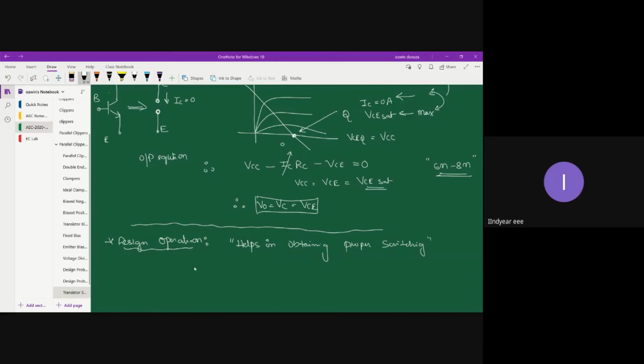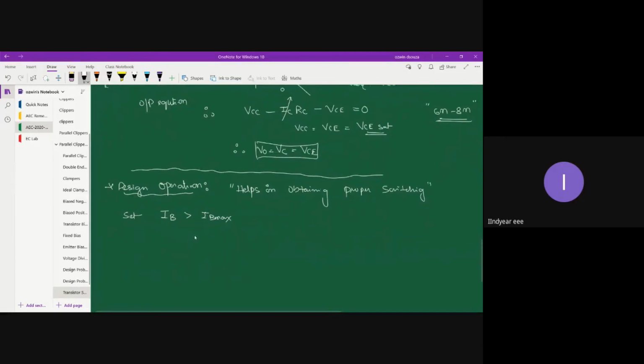Now in order to get proper switching, we have to set IB greater than IB max. Let me tell you what IB max is. IB max is basically IC saturation divided by beta.